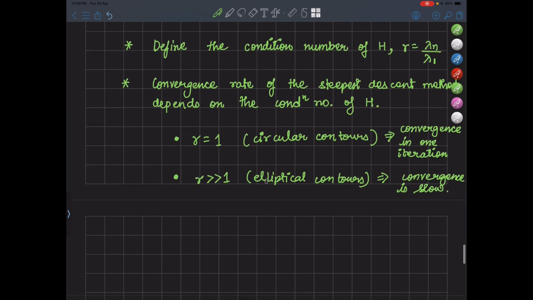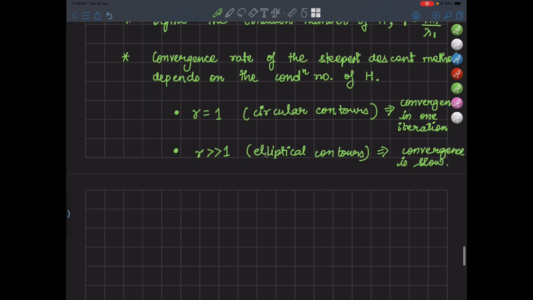Now, this was analysis for quadratic functions, but just to let you know, for non-quadratic functions you can also use the same algorithm, and the rate of convergence to x star is of a similar form.